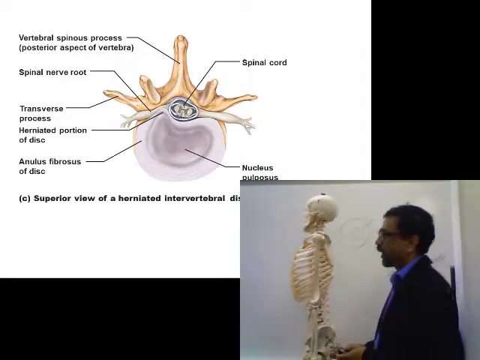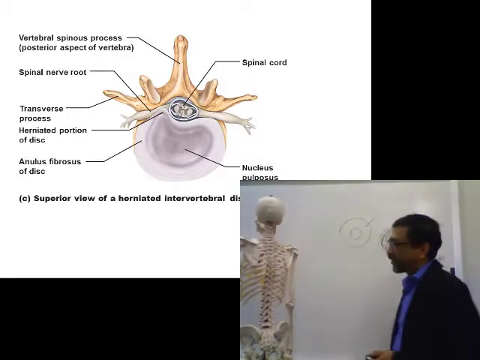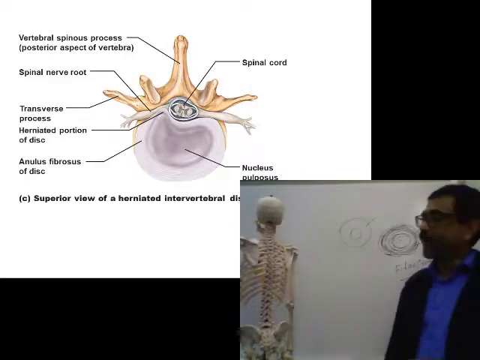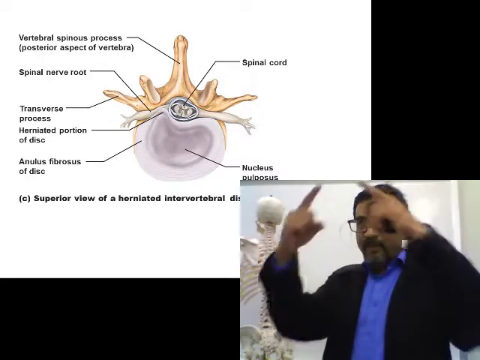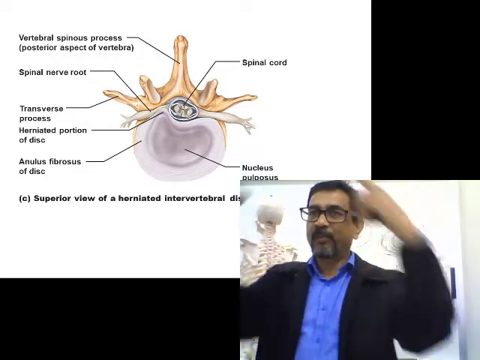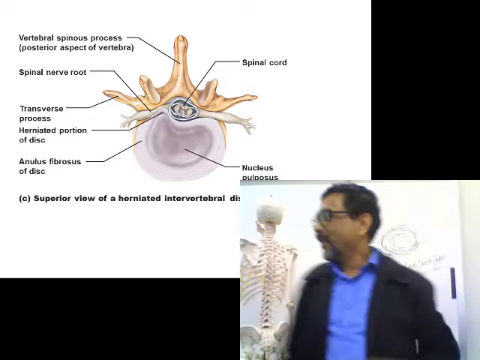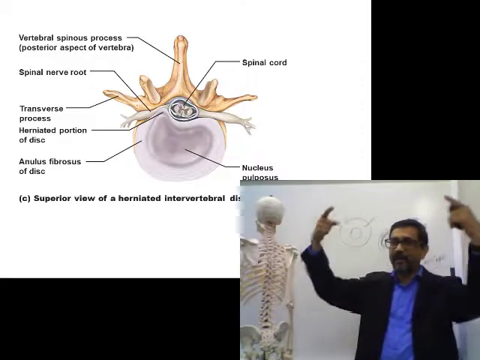slipped backwards. And the problem here is that, you see, just behind the intervertebral disc, you have the spinal nerves. Spinal nerves come out from the spinal cord, 31 pairs, like this. So, behind each vertebra, you have a pair of spinal nerves.